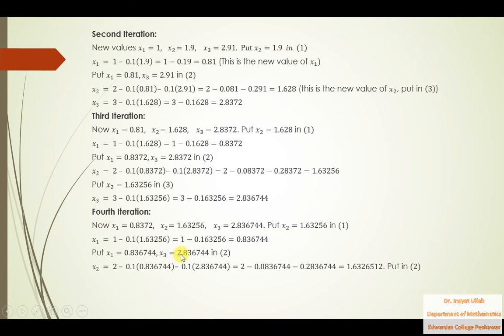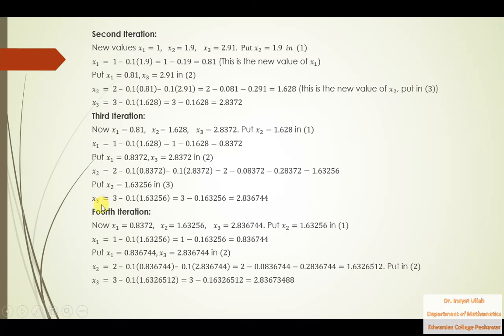So use these two values in equation number 2 to get the updated value of x2. So this is the updated value of x2. Put this updated value of x2 in equation number 3 to get the updated value of x3 as this one.